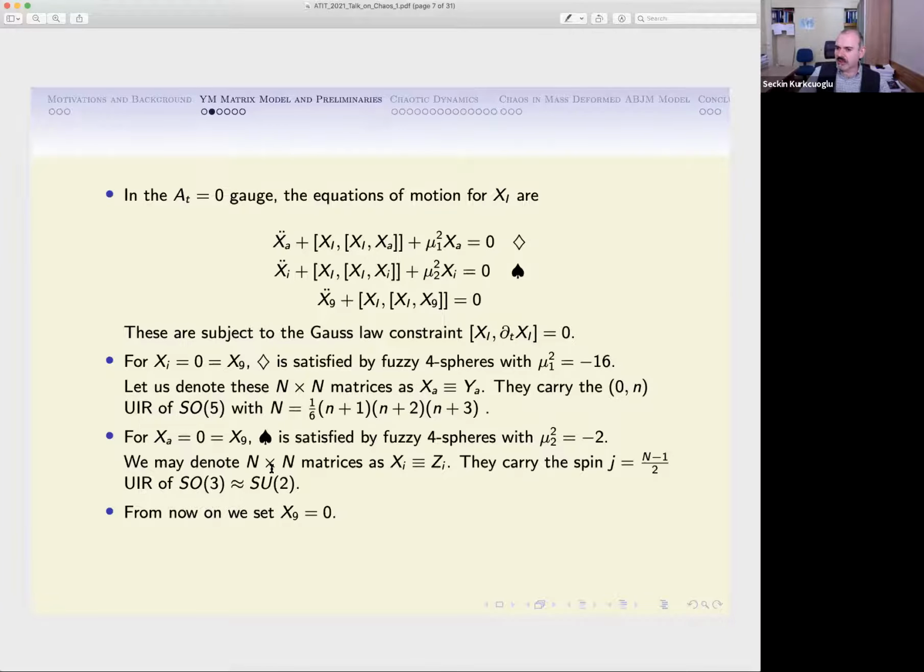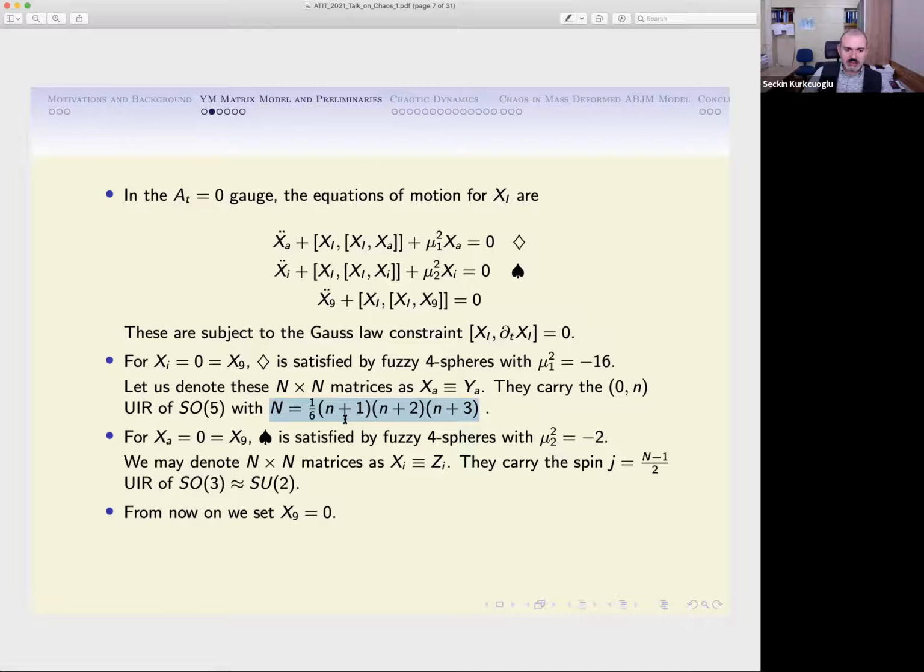A 3x3 matrix will be describing a fuzzy sphere of spin 1, and so on. Any matrix size is fine. But for the fuzzy four-spheres, that's not the case. You can only get matrix approximations to the algebra of functions on the four-sphere by these matrix sizes.